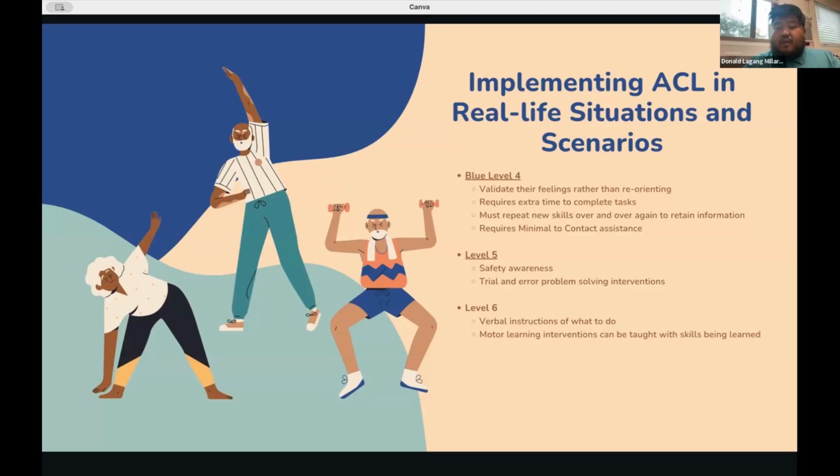More so, safety awareness interventions will help those clients, and any trial and error problem solving will help. Level 6, there's no cognitive impairment, so any motor learning interventions will help the patients. You can give them multi-step directional cues and interventions, and then they will fully understand.